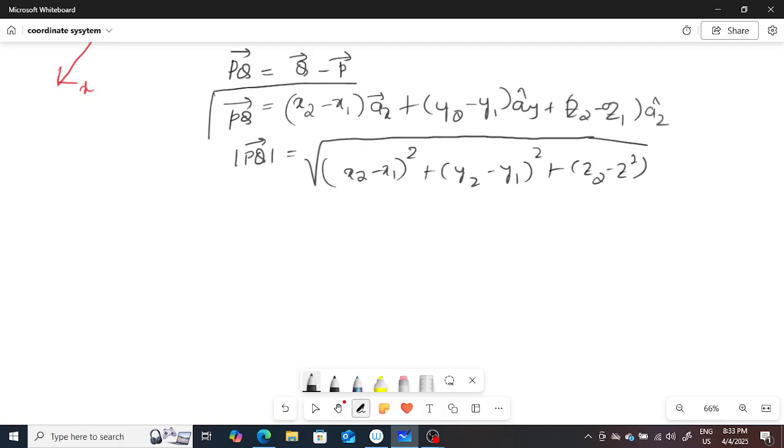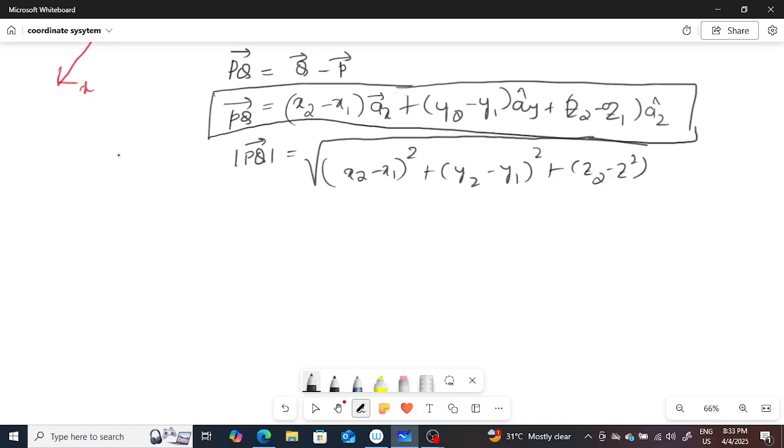This is also called the separation vector. Hope this is clear about vectors.